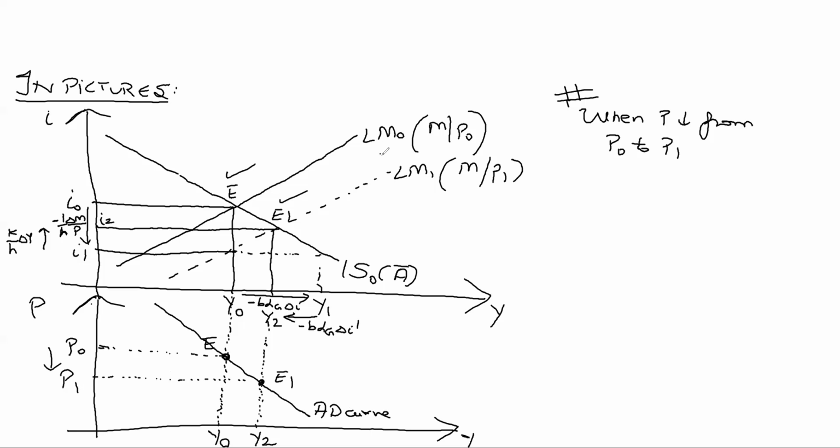I get the aggregate demand curve. So we can clearly see that the aggregate demand curve is downward sloping.